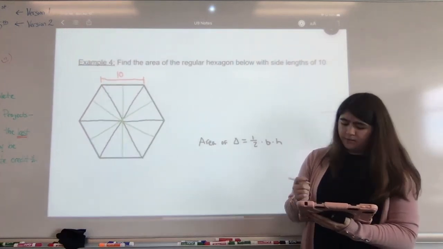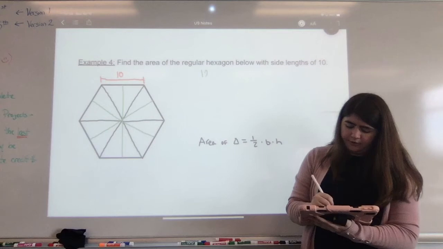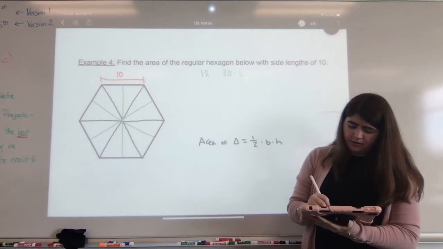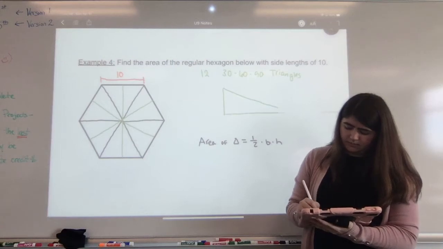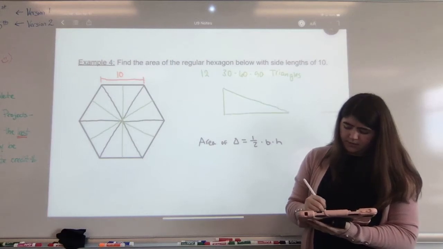When we did this, we split this into 12 30, 60, 90 triangles. And each of those triangles looks a little something like this. So we have a 90-degree angle, a 30-degree angle, and a 60-degree angle.